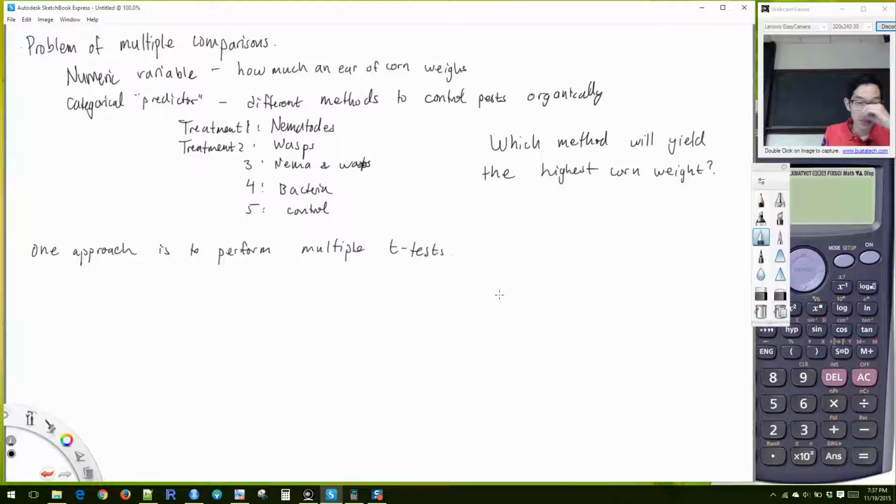So we can perform multiple t-tests. Test 1 will have the null hypothesis that mu of group 1 is the same as mu of group 2, and the alternative is that they're different.